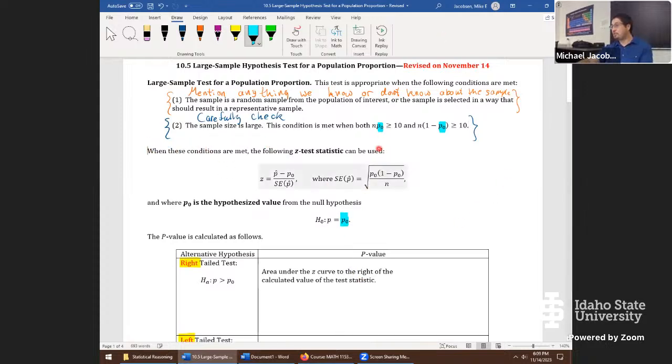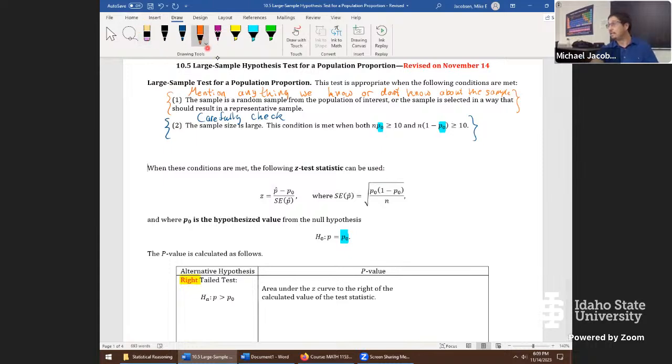So let's add just a little bit more description on what we're seeing right up here. This n times p naught is the expected number of successes if H naught is true.